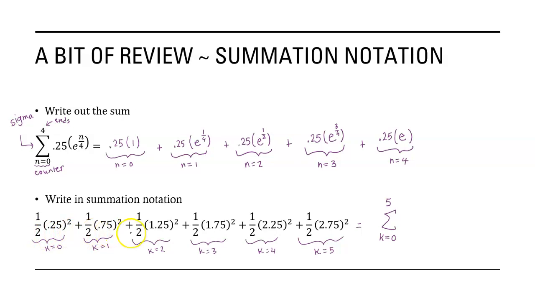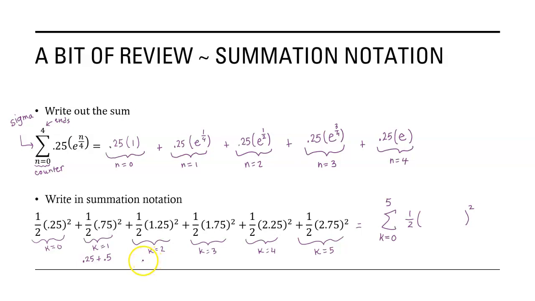Looks like each of my terms has a 1/2 in it, and each of my terms is something squared. The way I get what's inside of the parentheses is, well, when k is equal to 0, it's just 0.25. When k is equal to 1, it's 0.25 plus 0.5.